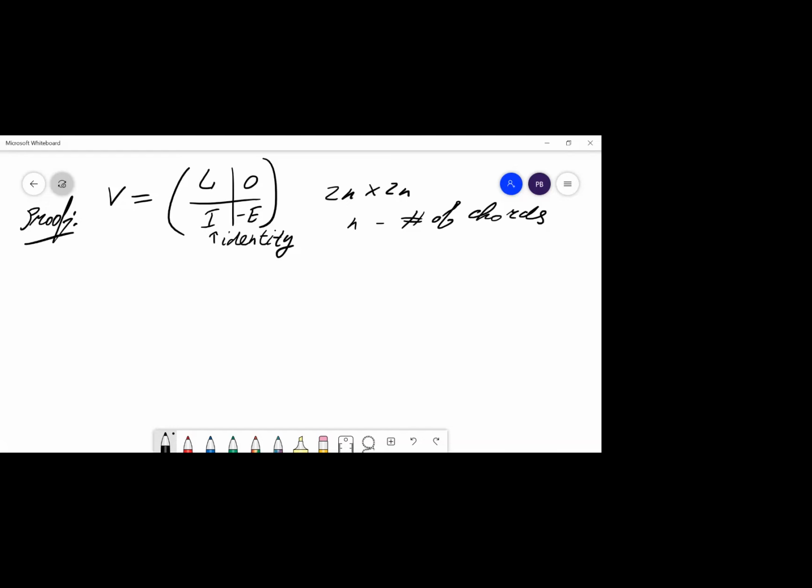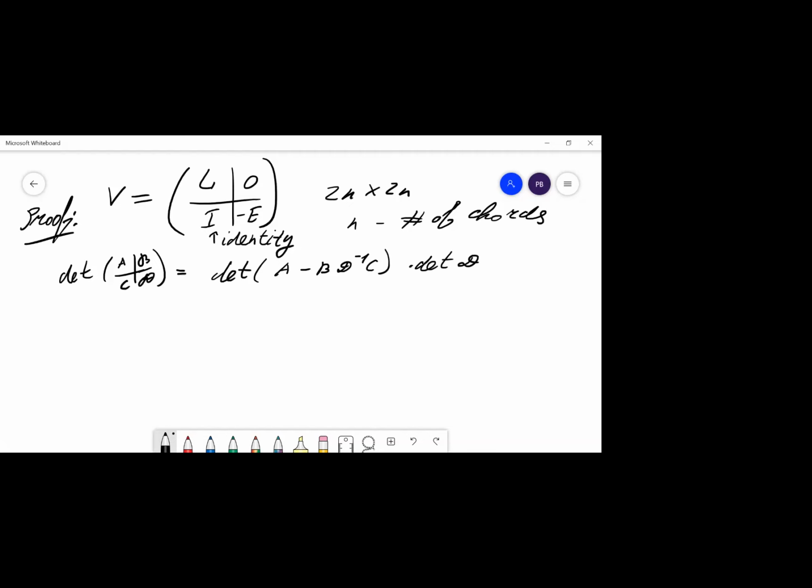Okay, and let's recall that the determinant of such a matrix is as follows, if D is invertible.